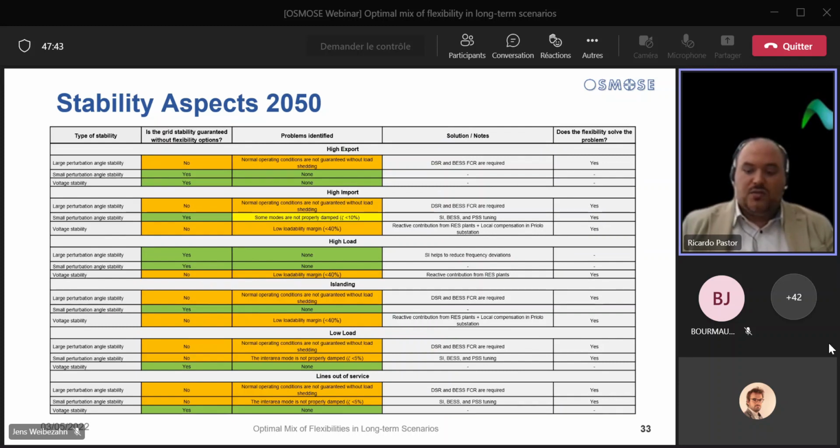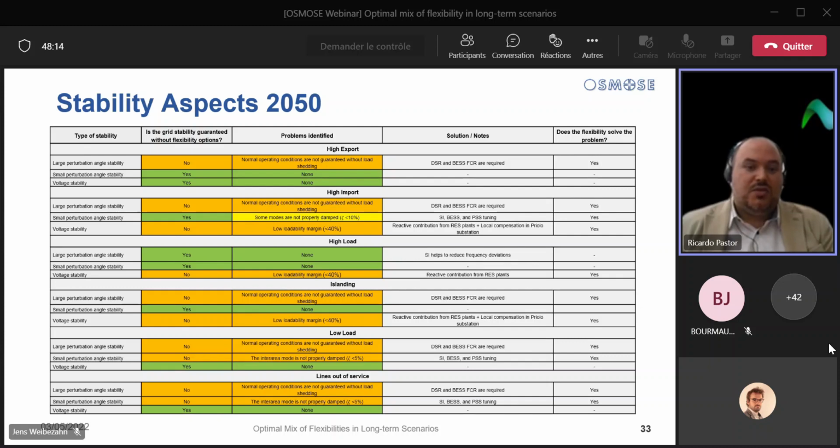So looking at the 2050 scenario, and concerning the large perturbation angle stability, what we can see is that it is ensured in all dispatching profiles and for all the events that were simulated, except one very specific and very unlikely operating condition, the results show a very stable network.